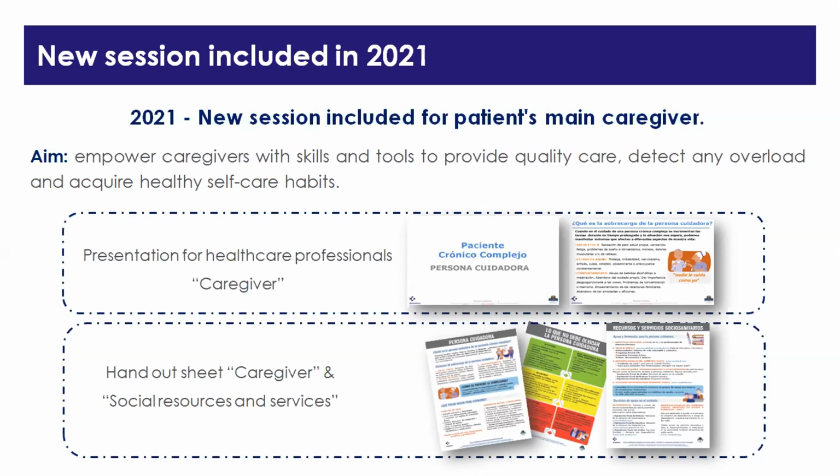So in these meetings, the professionals told us that it was necessary to include a new session targeted to the patient's main caregiver. This was in 2020, and we started developing the 5th session, targeted to the main caregiver.